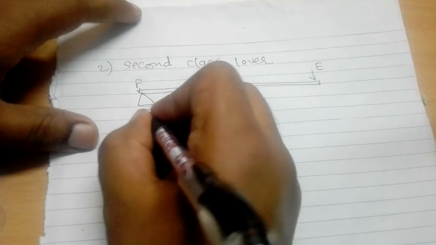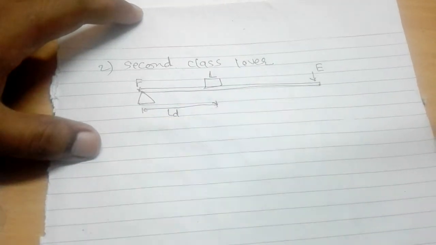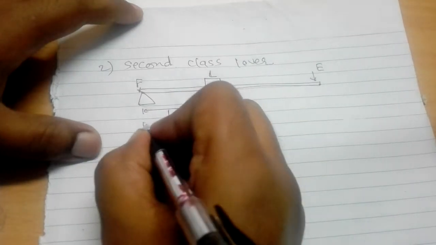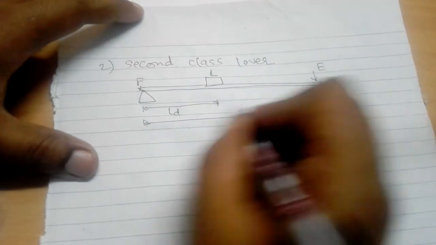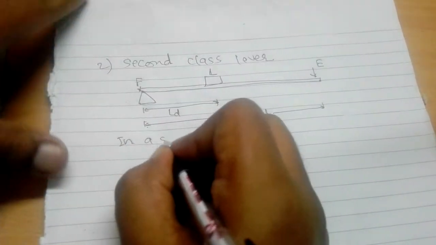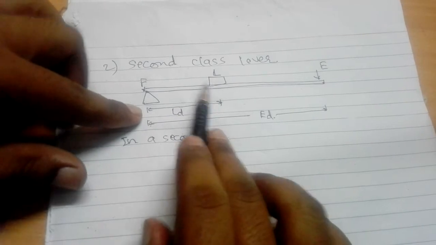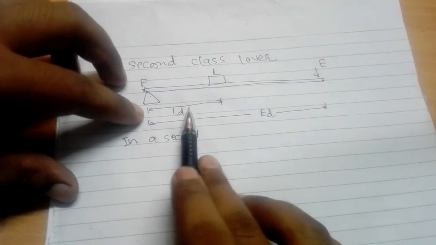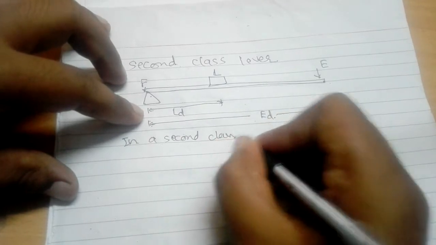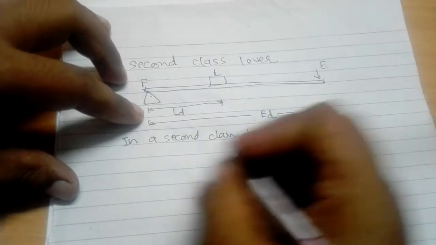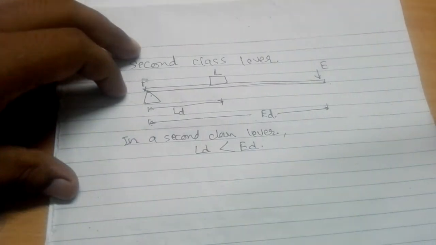From fulcrum to load, it is load arm, also indicated as LD, and from fulcrum to effort, it is effort arm. Since load lies in between fulcrum and effort, load distance is always smaller than effort distance. In a second class lever, LD is always smaller than ED.